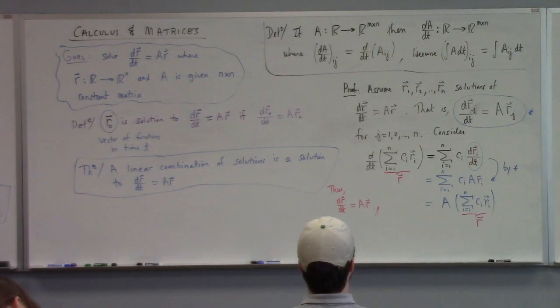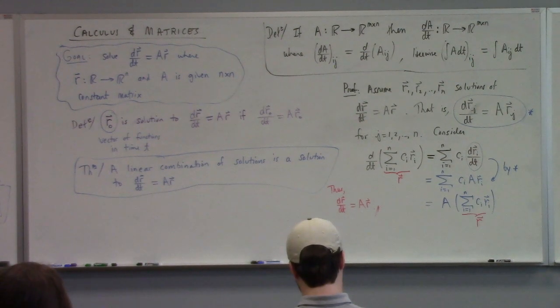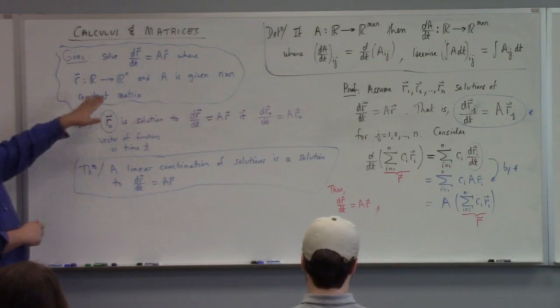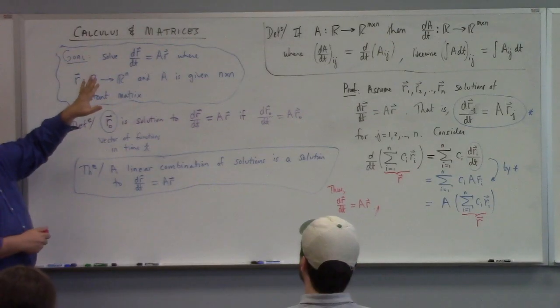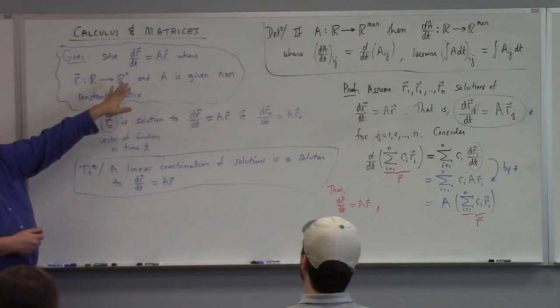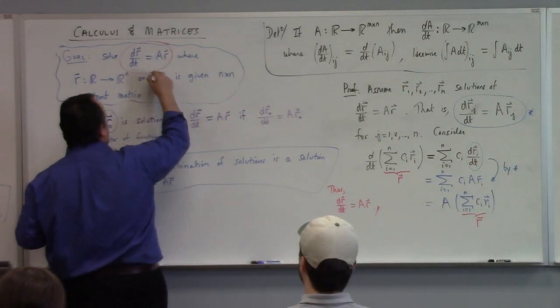The reason for this is that what we're dealing with is a linear differential equation. A linear differential equation can be defined by multiplication by a particular matrix, right? That's our definition for the problem. Our goal is to solve this. This is the linear homogeneous system of n first-order differential equations. Let me write that out. Let me give you the words.